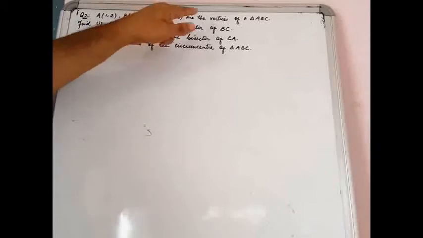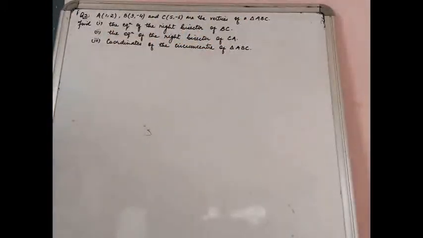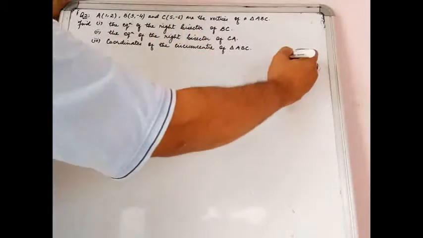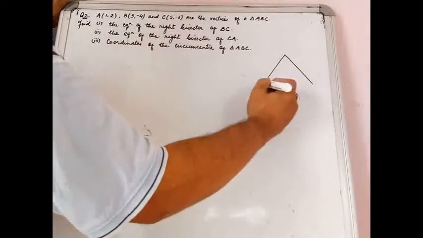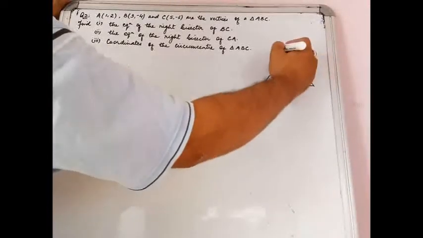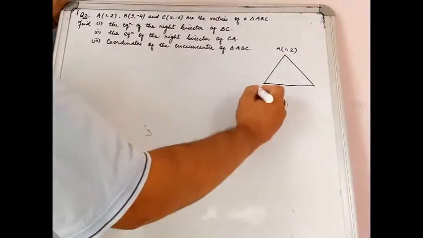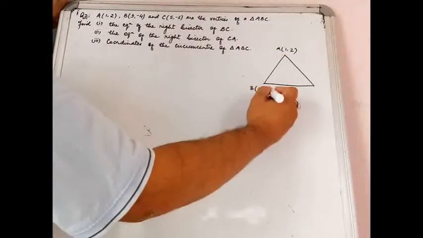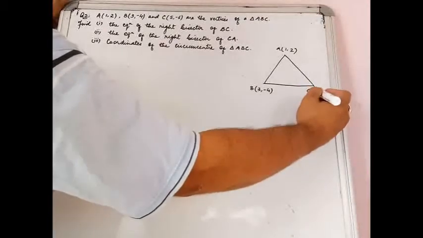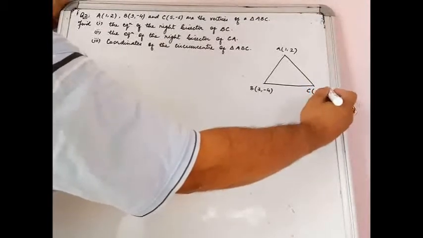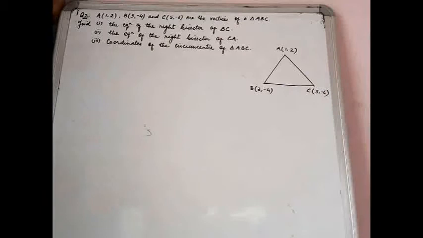A, B and C are the three vertices of a triangle ABC. Roughly, once again, let us draw the triangle ABC over here. So we have A, which is (1, 2), then we have B, which is (3, minus 4), and then there is a point C, which is (5, minus 6). So these three are the vertices of triangle ABC.